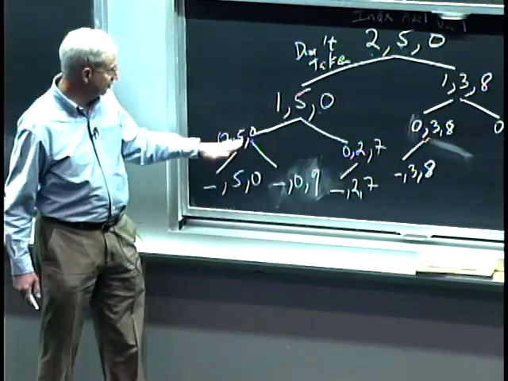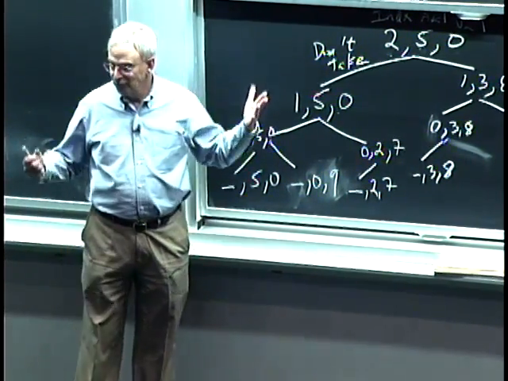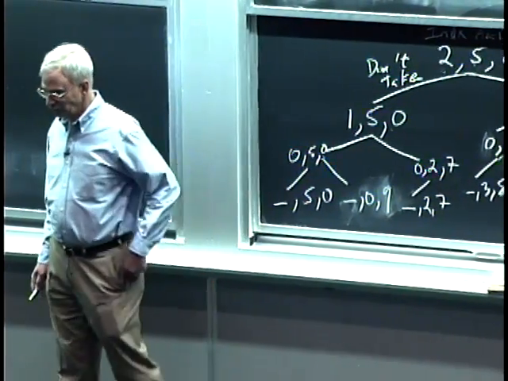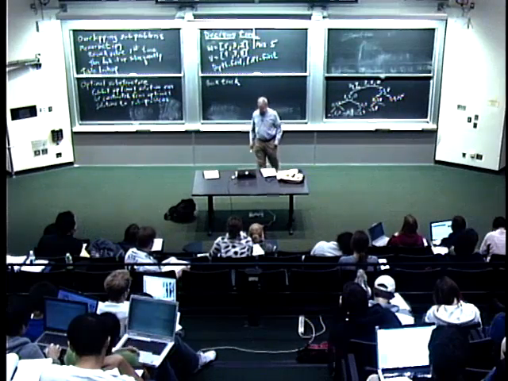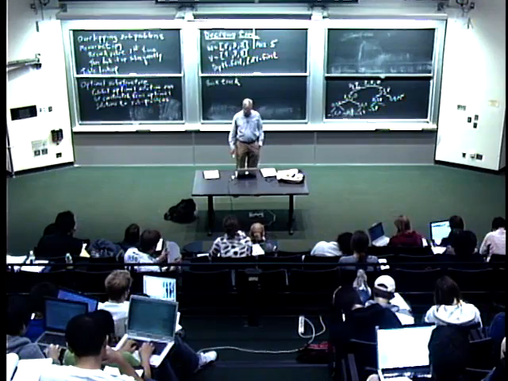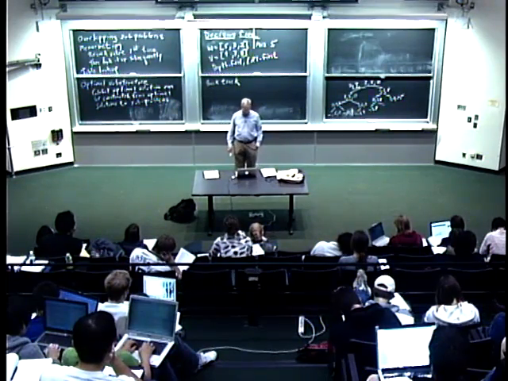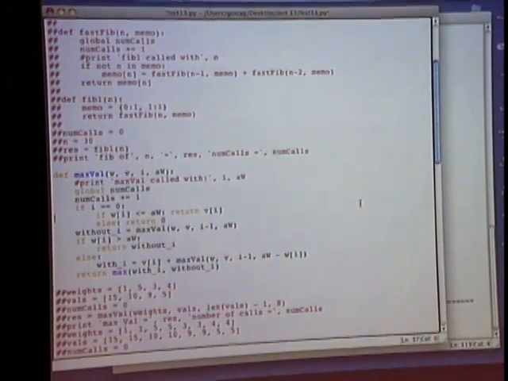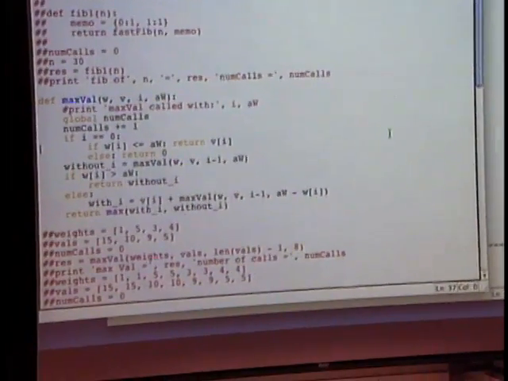As we've seen systematically in the don't takes, the only thing that gets changed is the index. The next line says if the weight of I is greater than AW, well, then I know I can't put it in, so I might as well return the without I value I just computed.